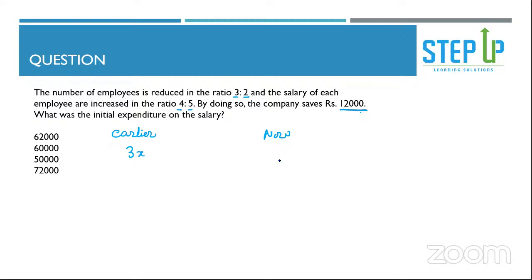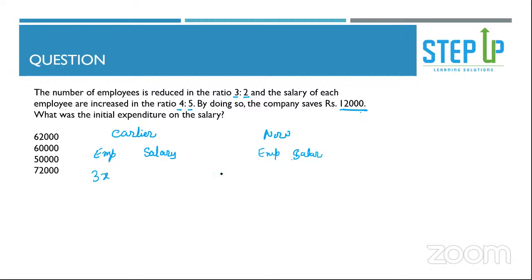Now it is 2x employees. The salary of each employee is increased from 4 to 5. So earlier, this is employees, and this is salary.